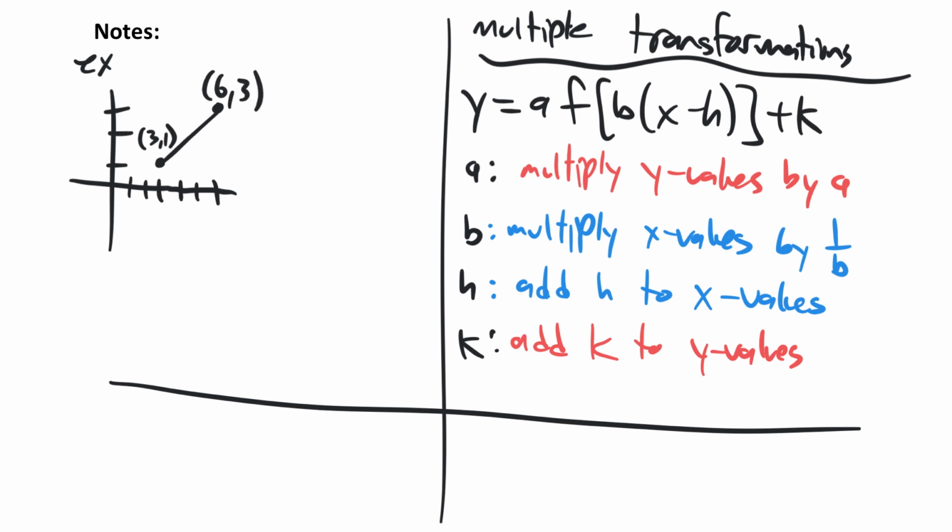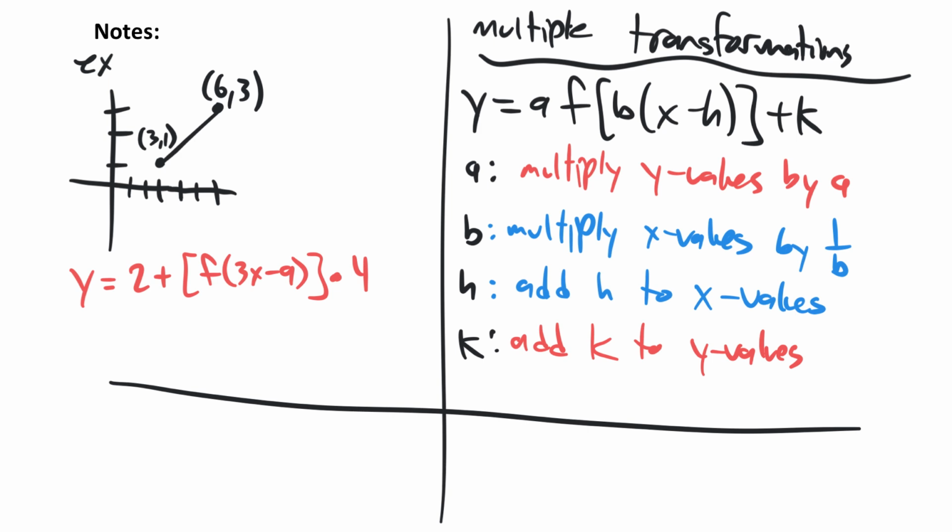And we want to find the new graph. y equals 2 plus f(3x minus 9) times 4. Now I've intentionally written it in a super messed up form, and you need to first put it in the proper form. Then you need to determine the transformations, apply them to the 2 points, and create the new graph.